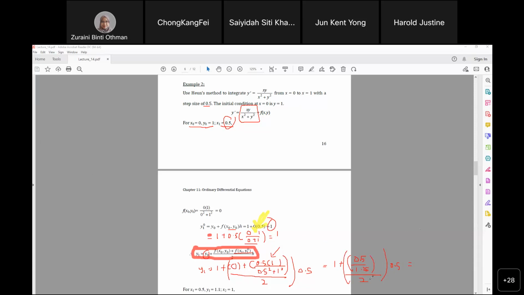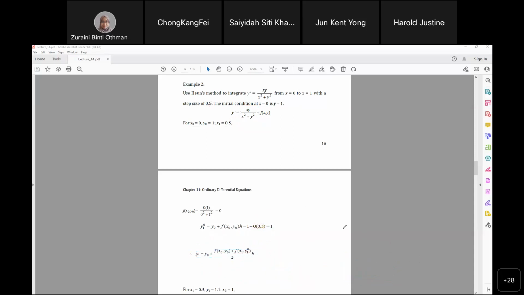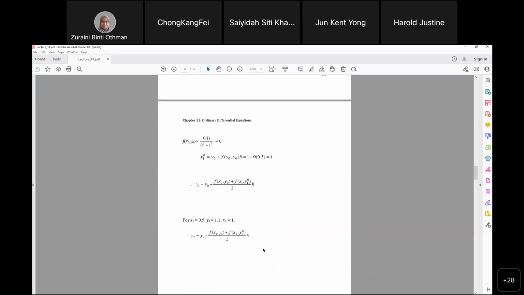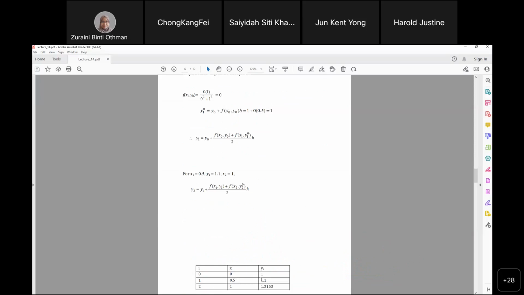Kita just refer je to the formula given. Dapat berapa tu? Actually the answer for this, dia dah bagi dah dekat bawah tu. Kat sini, Y1. Jadi Y1 kat situ nanti dapat 1.1 jawapan dia.